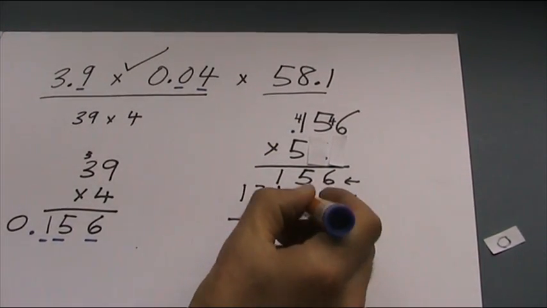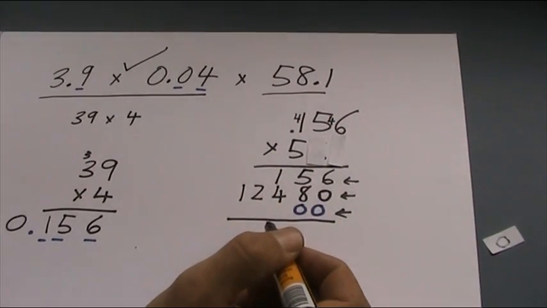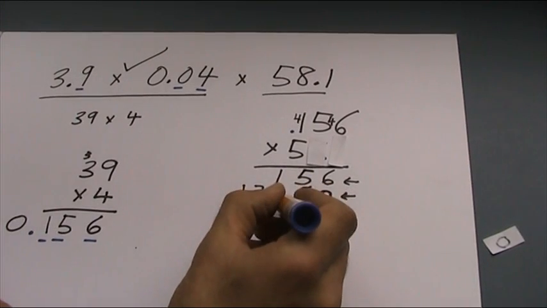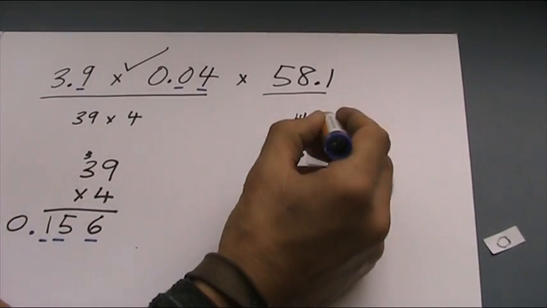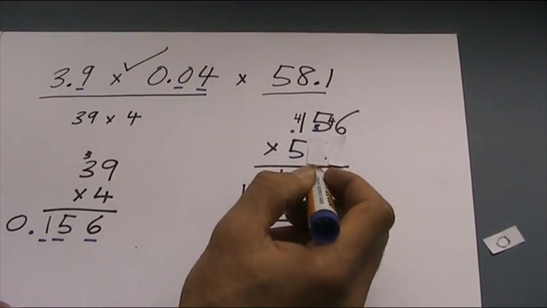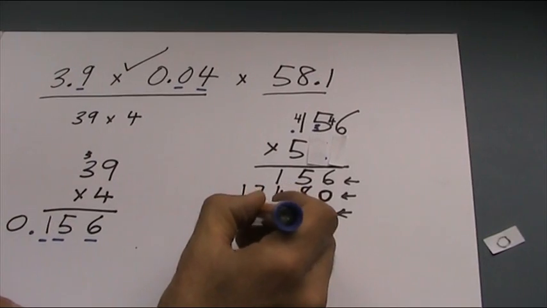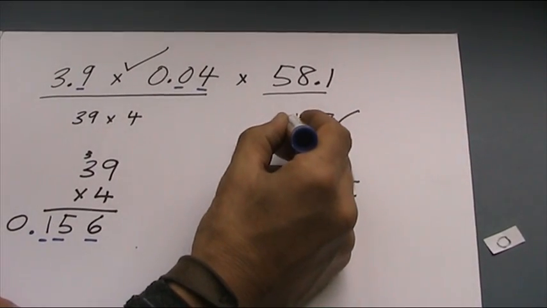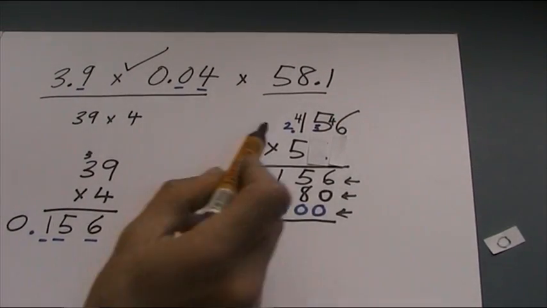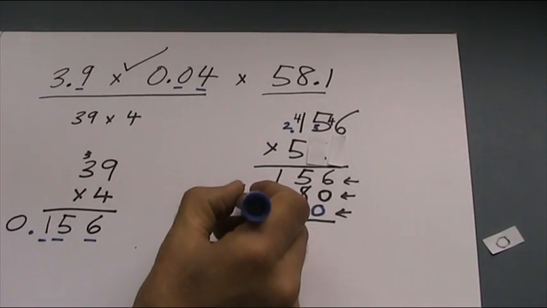So we put down 2 zeros like that, and then we can go 5 times 6. 5 times 6 is 30. Carry the 3. 5 5s are 25, 26, 27, 28. 1 5 is 5, plus 2 is 7.